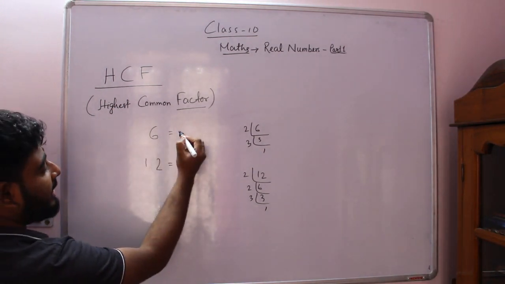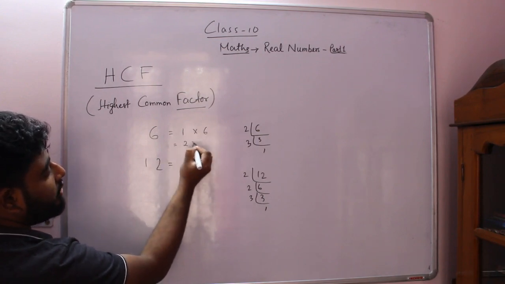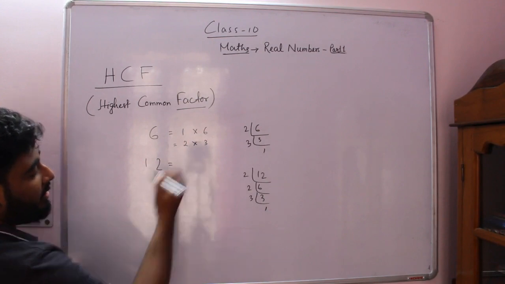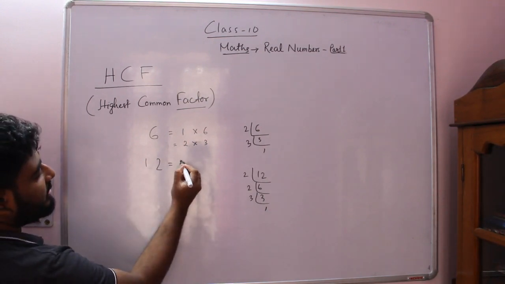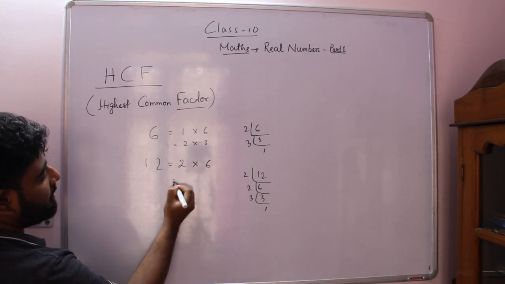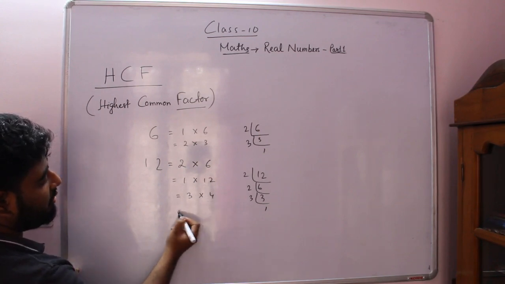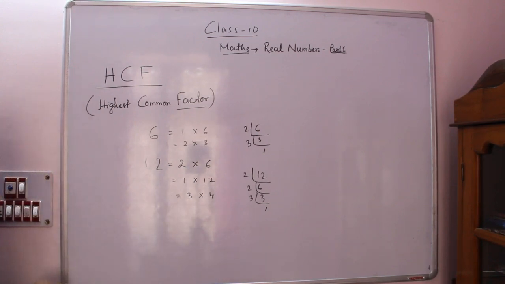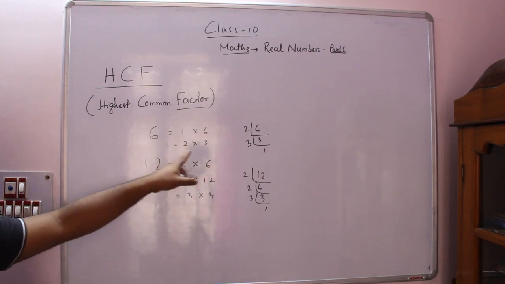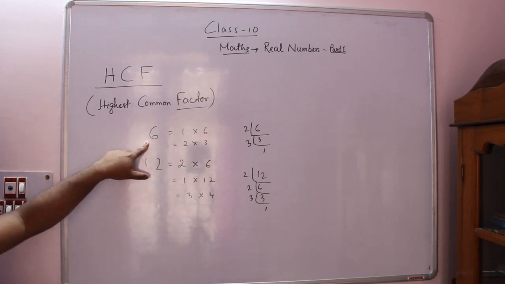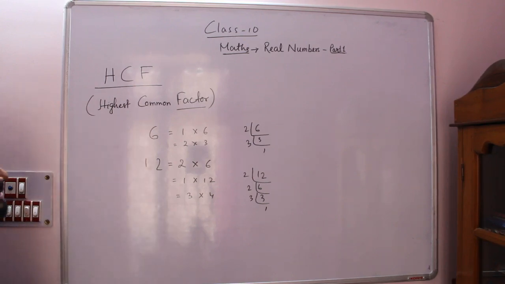So 6 can be written as 1 into 6, 2 into 3, and nothing else. 12 can be written as 1 into 12, 2 into 6, 3 into 4, and nothing else. Okay, so these are all the factors. That means when you divide these numbers by them, you will get 0 as the remainder.